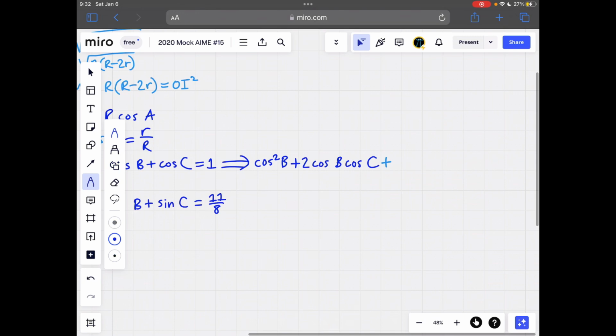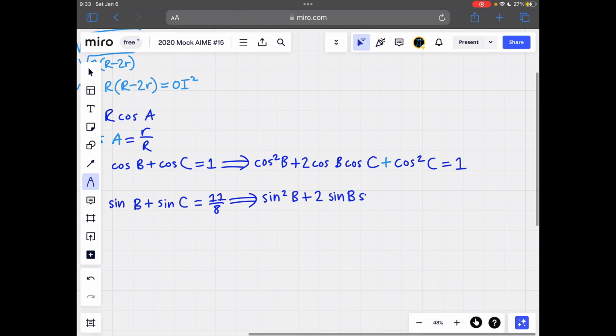Plus cosine squared C is equal to 1 squared, and that's 1. From here, we have sine squared B plus 2 sine B sine C plus sine squared C is equal to 11 over 8 squared, and that's 121 over 64.